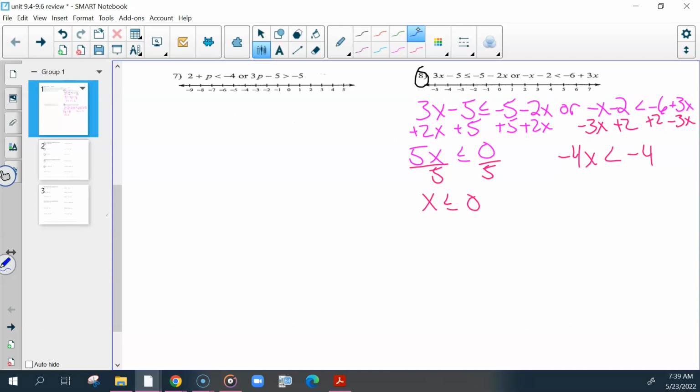And then I could divide both sides by negative 4. Remember, when you divide by a negative, you have to change the direction of the sign. And at the end of solving both of these, you should have an OR in between these.